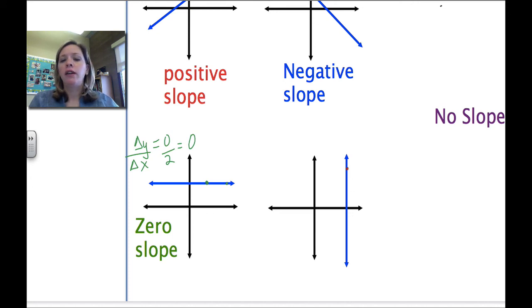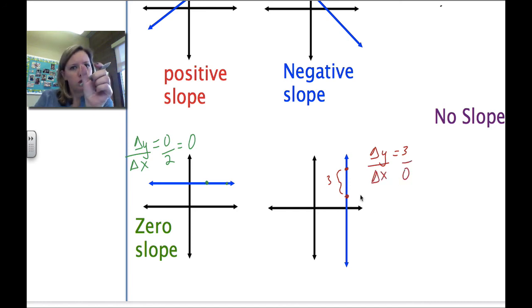So that line has zero slope. For the other line, we had 2 points. If we take 2 points along the line and look at that same thing, we can see that there is a change in the y value. Let's say that vertical distance was 3. But the problem here is there is no change in the x value. My x's aren't changing at all, so the difference between them is 0. And we can't divide by 0.